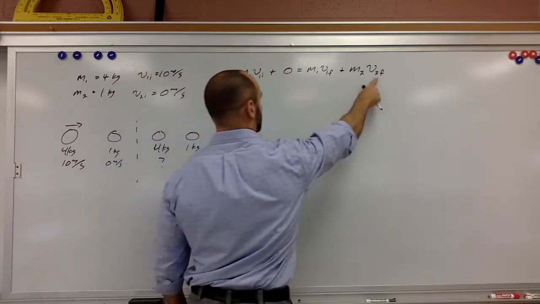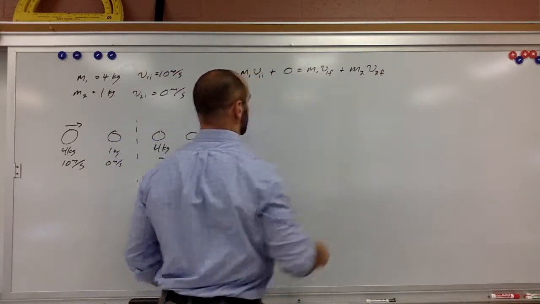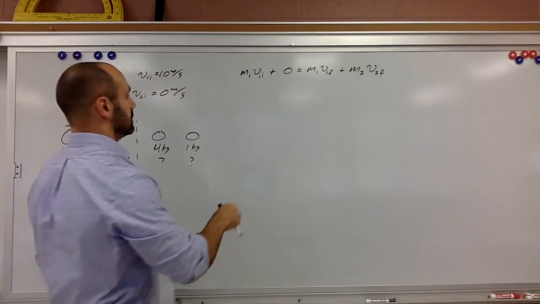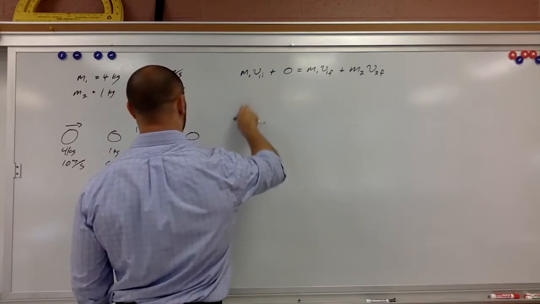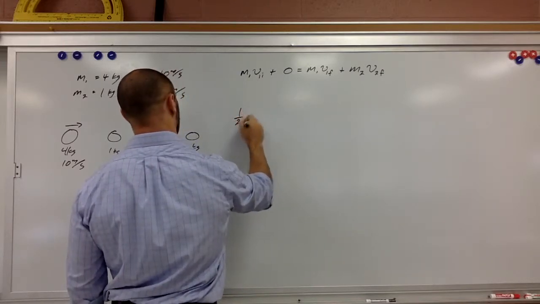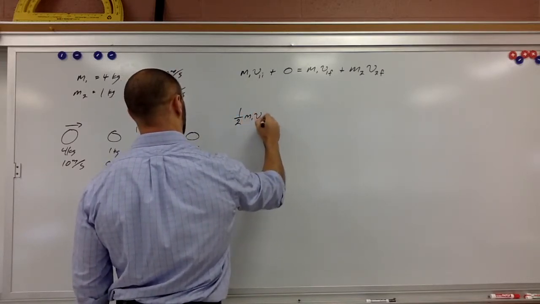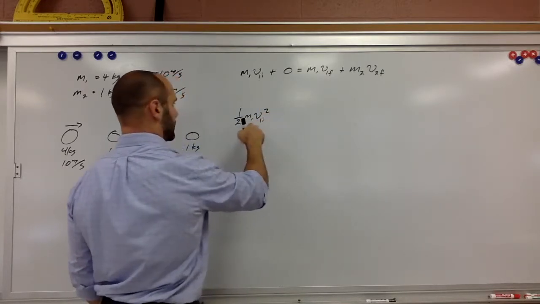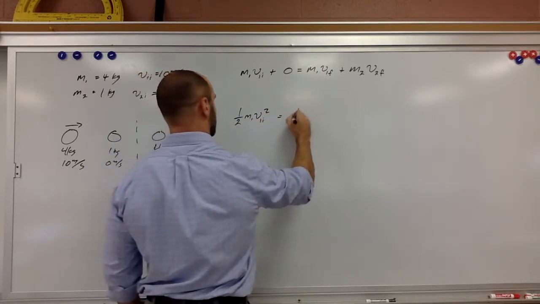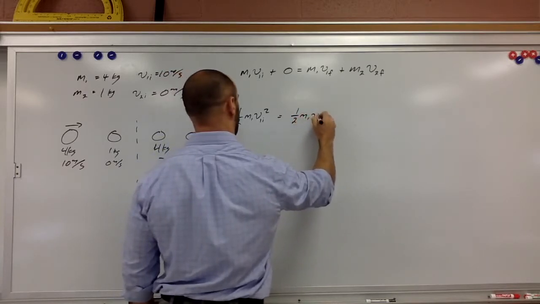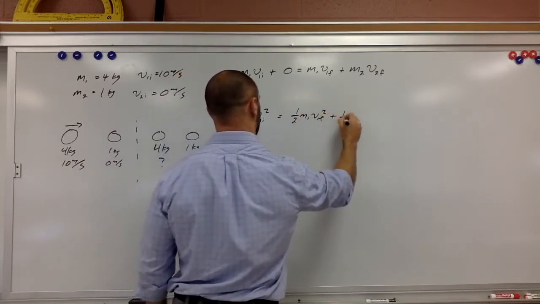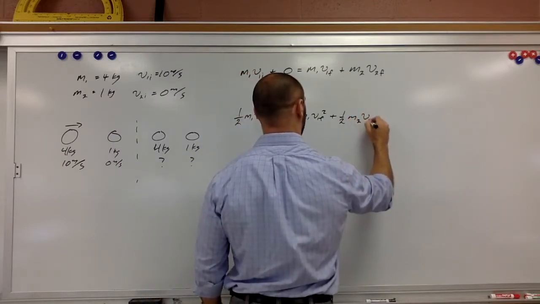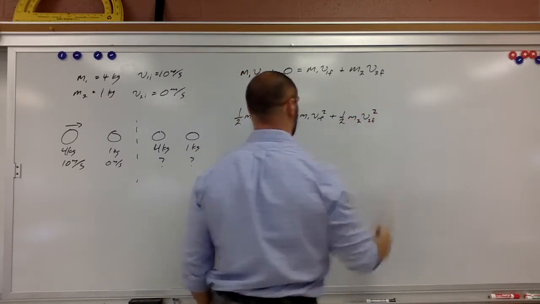And then these are the two things I don't know. And then for energy, this is the total kinetic energy to start with, and that's going to equal 1/2 M1 V1F squared plus 1/2 M2 V2F squared.